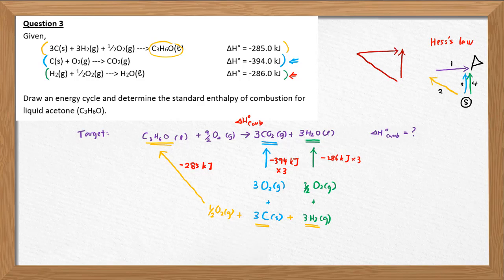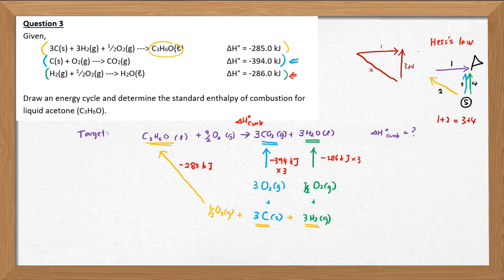So now we want to construct a formula based on the energy cycle. That means 3 and 4 is equal to 1 and 2. The enthalpy change for a single step is the same as the enthalpy change for a multiple series of steps. So 3 and 4 is over here, 1 and 2 is over here.